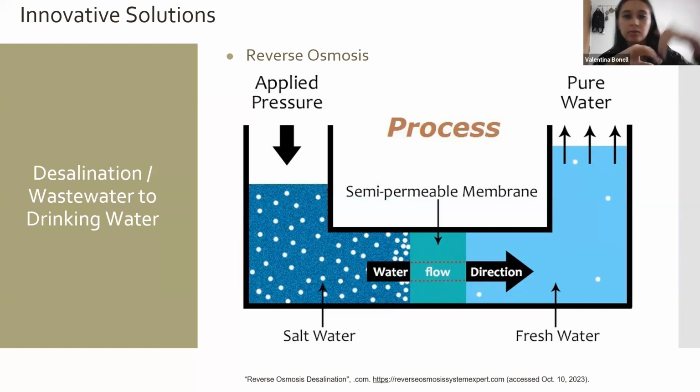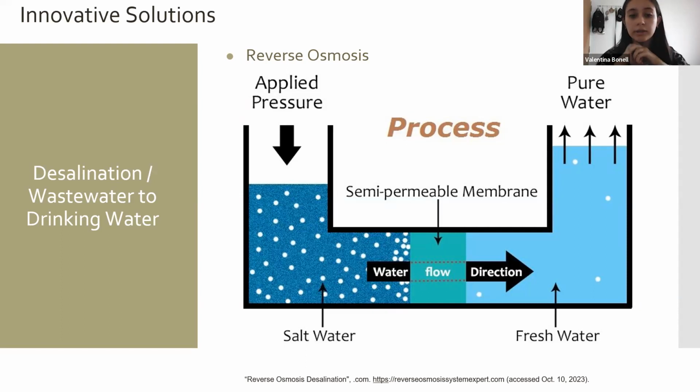When pressure is applied to a balloon of saltwater during reverse osmosis, the salt is left behind and only clean water flows, as this method blocks contaminants from entering the less concentrated side of the membrane.